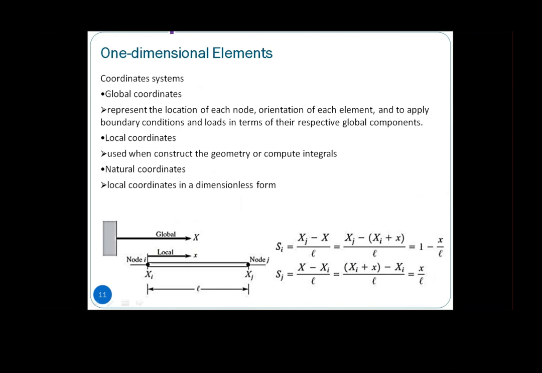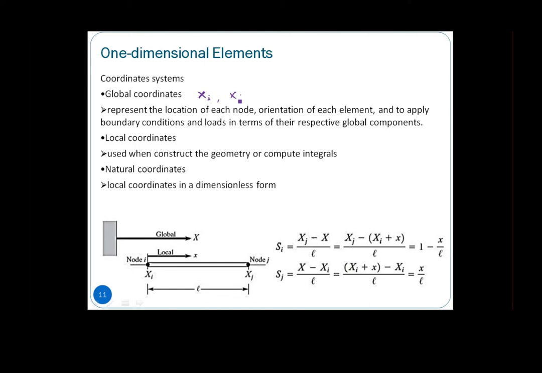In these 1D elements, we have this coordinate system, and you see that just now we are in global coordinates. Our shape functions are represented by the uppercase X, Xi, Xj.